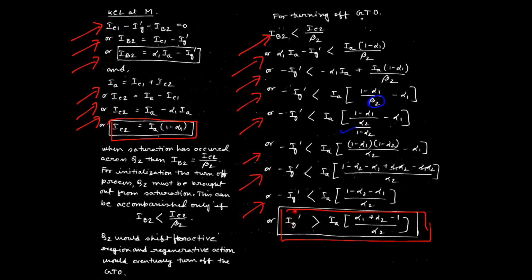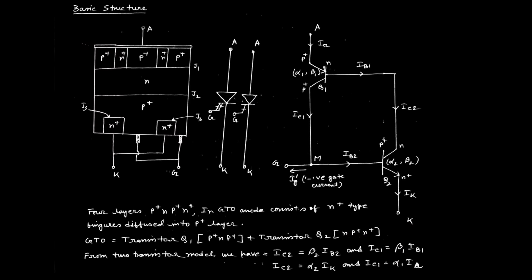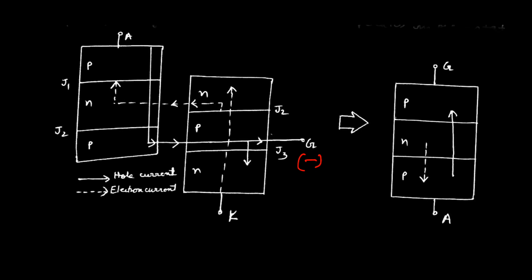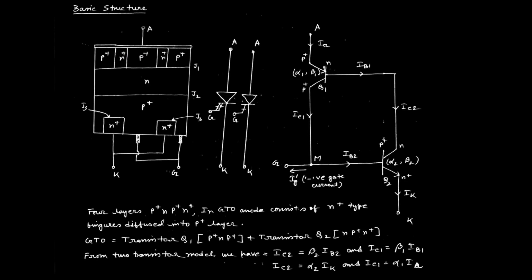That means if IG dash is greater than IA, where IA is the anode current, as in the previous diagram, then the total anode current will be bypassed through the gate.